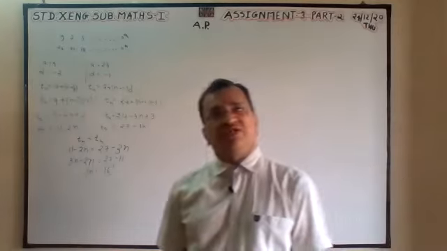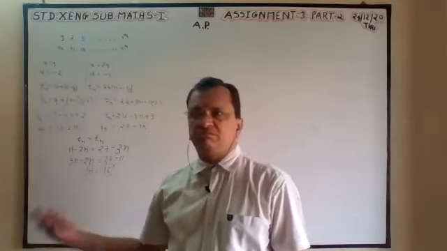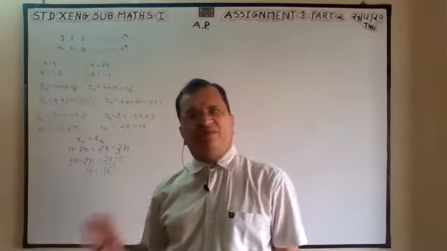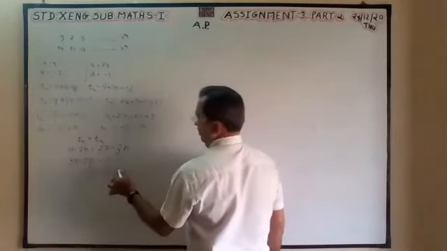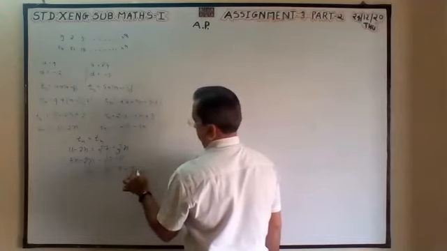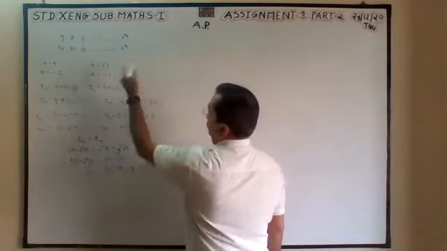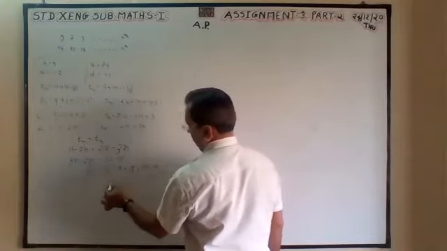Now we have to find the 16th term. Both 16th terms are equal, so we will find it for this one. Anyone you can take; with this also you will get the same answer.